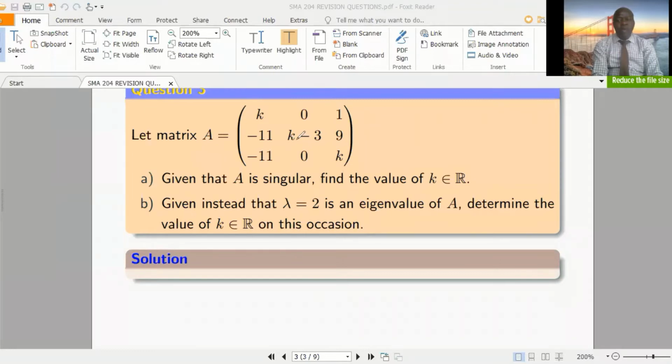Of course, you know how to find determinants of matrices and how to simplify your workings, how to make it easier for you to find the determinant. You discover that whenever there are zeros in a row or in a column, then it's easier to find the determinant along that row or that column.